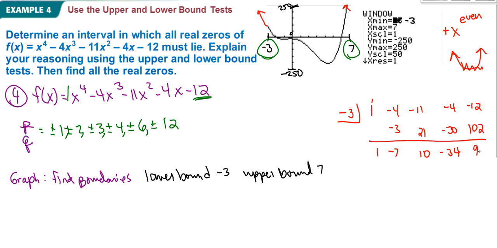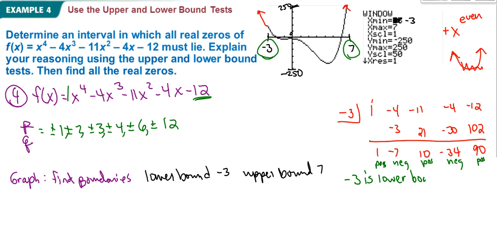So look at what's happening. This is positive, negative, positive, negative, and positive. Since these are alternating, and even if one had been 0, these alternate, non-positive, non-negative, that is the lower bound. So -3 is a lower bound.